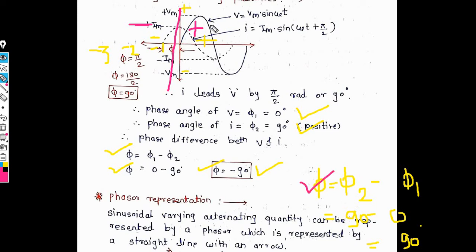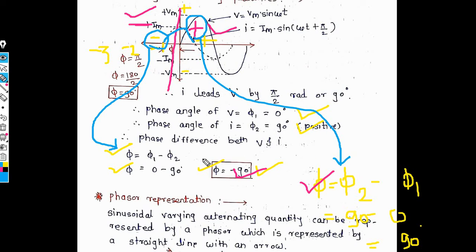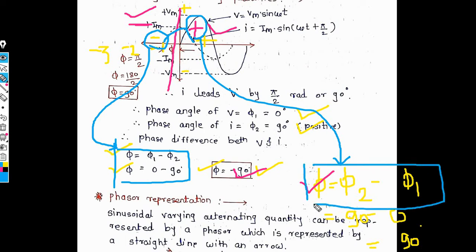That means the waveform is half negative and half positive for the phase angle quantity. So the negative sign is applicable for this formula and the positive sign is applicable for the other. That means both formulae are correct for leading quantities. Do you understand?